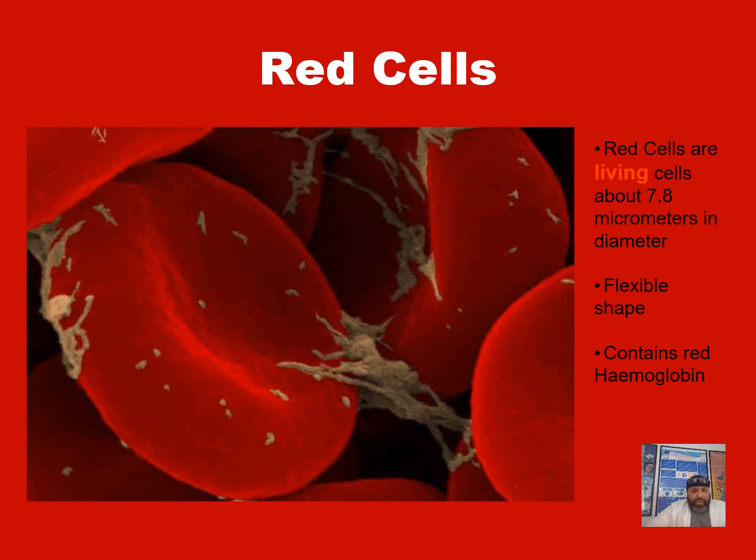Then I'm going to talk a little bit about the general appearance of red blood cells. This slide is a general illustration of what a red blood cell looks like, and generally red cells are living cells about 7 to 8 micrometers in diameter.